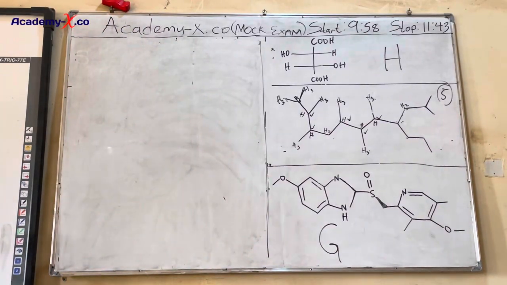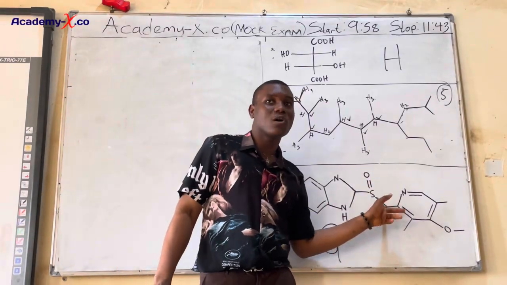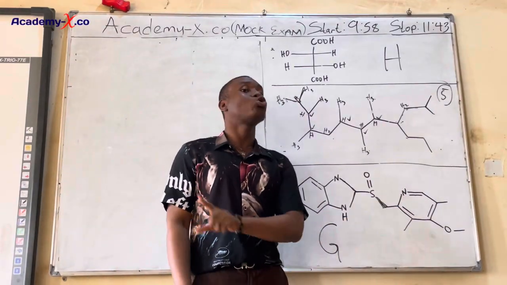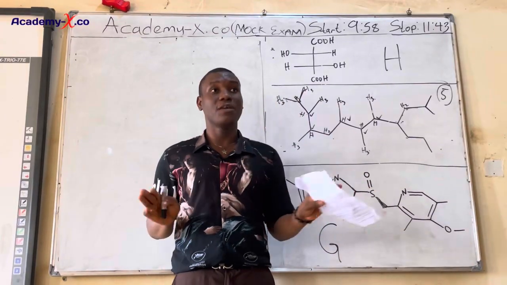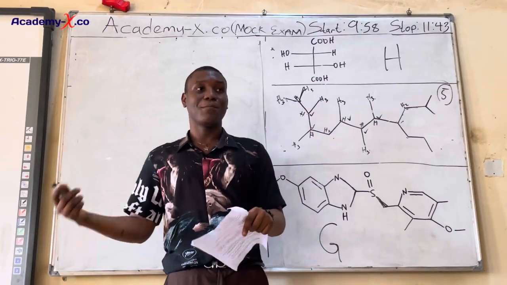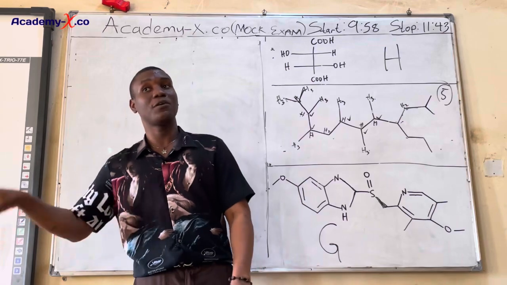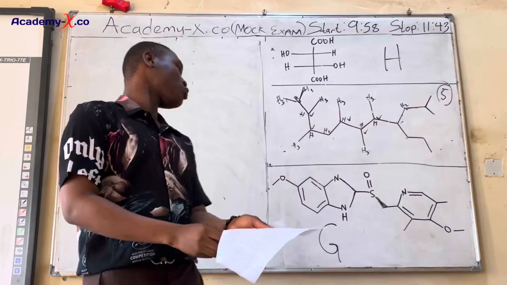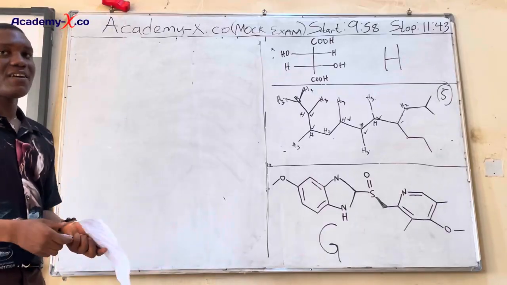Very simple thing. The other way was turning this wedge bond towards a hash bond, but he said don't touch the wedge bond. That is an instruction. If some of us were touching the wedge bond and changing it to a hash bond, you got the enantiomer, but you failed because you failed to adhere to the instruction. So let me show you how to draw this very well.